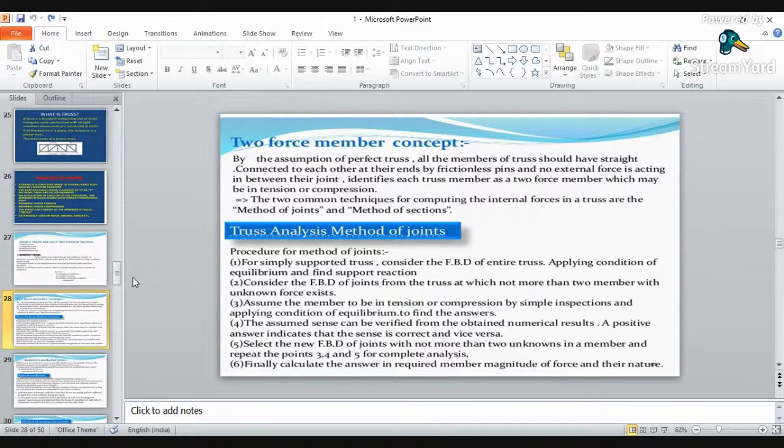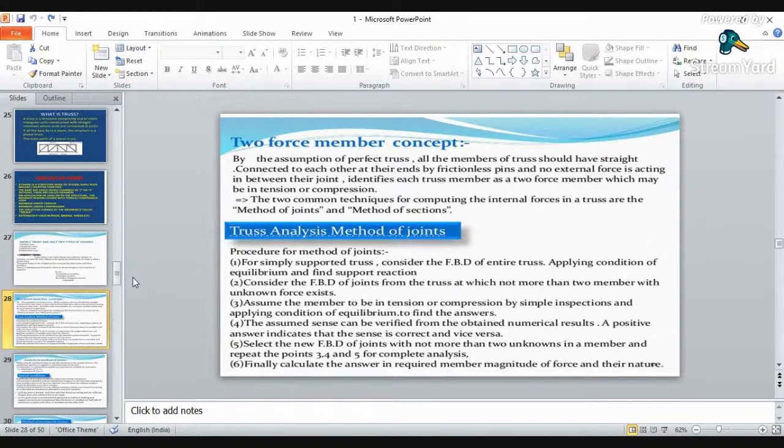Because it is a pin jointed truss, we have only two equations by which you can solve the joint: summation of vertical forces equals 0, that is, summation of Fy equals 0, and summation of Fx equals 0, that is, summation of horizontal forces equals 0.